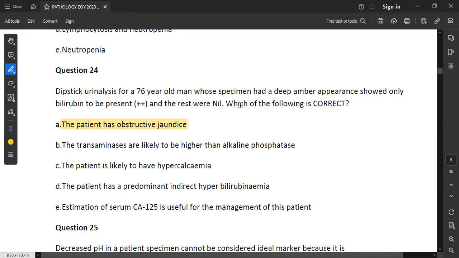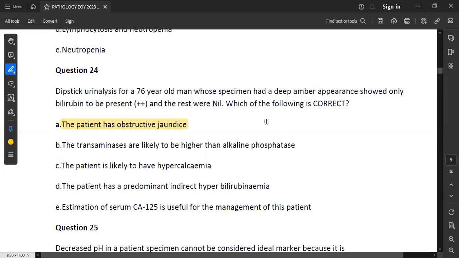Yeah. So the patient is likely to have hypercalcemia, not necessarily. There's nothing in these findings that points to hypercalcemia. The patient has a predominant indirect hyperbilirubinemia? As we have seen, they have high bilirubin, but it's not indirect, it's direct. It's from obstruction of the biliary tree.